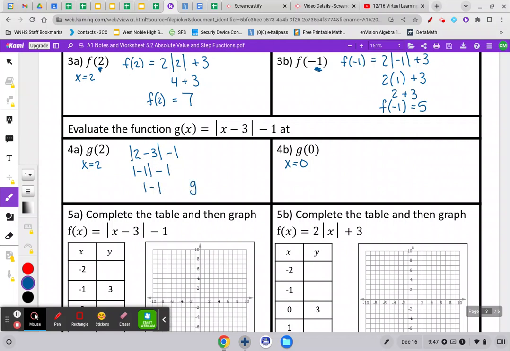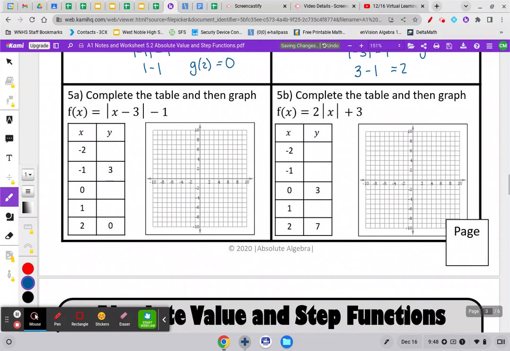So g of 2 equals 0. g of 0 equals 2. Now, we haven't really done a ton of graphing like this, so this is good practice for sure. We're going to complete the table and then graph.